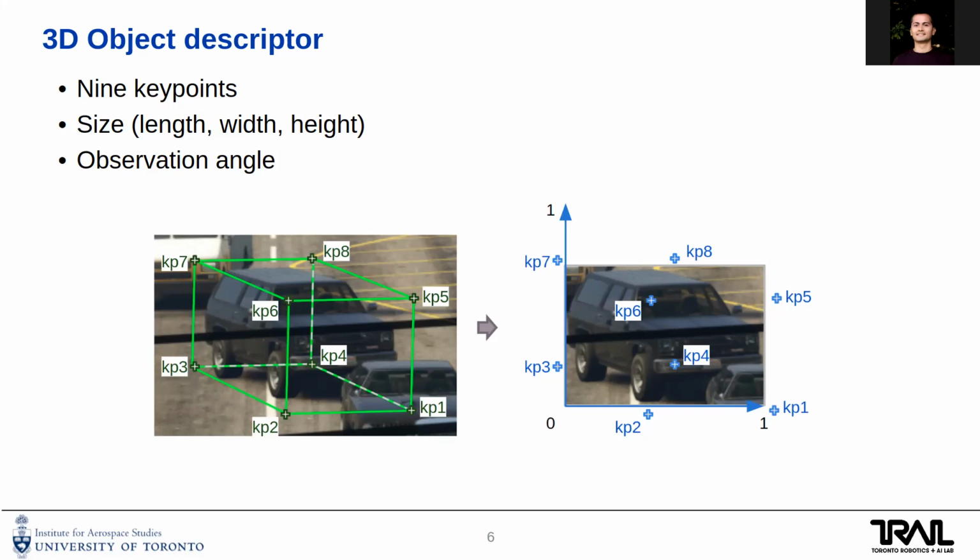These figures show the 9 key points. Key point number 9 is the centroid of the vehicle, and it is not drawn here to avoid cluttering the figure.